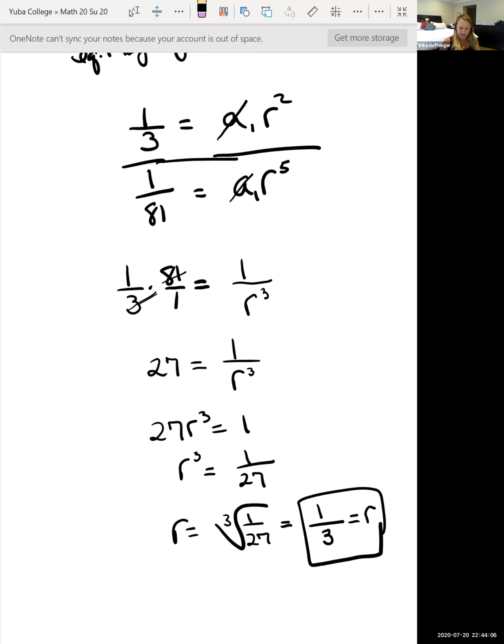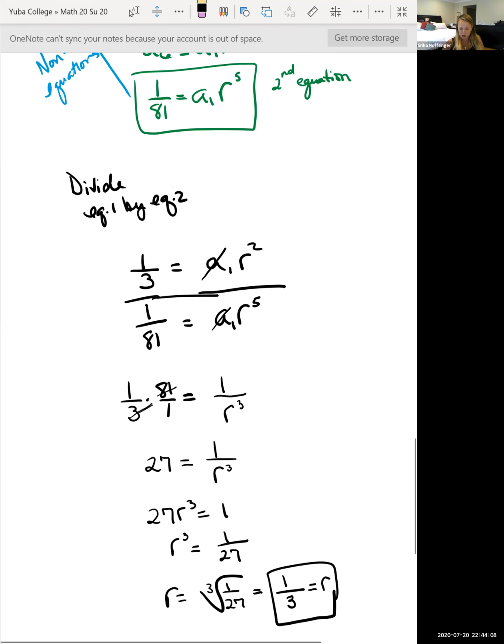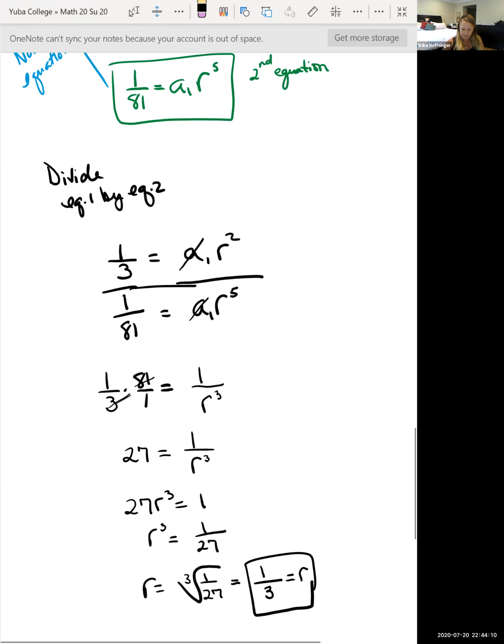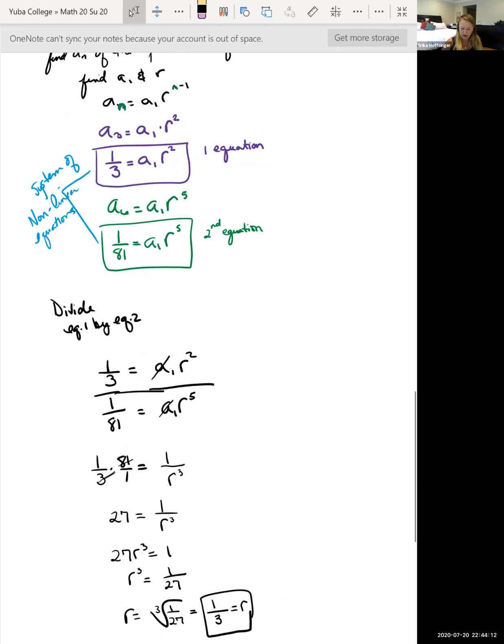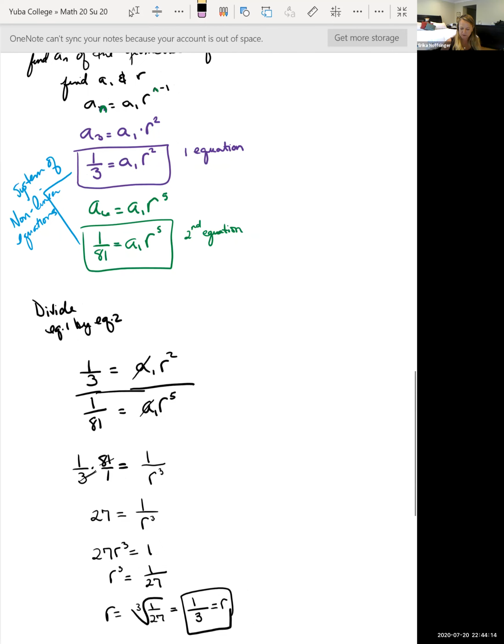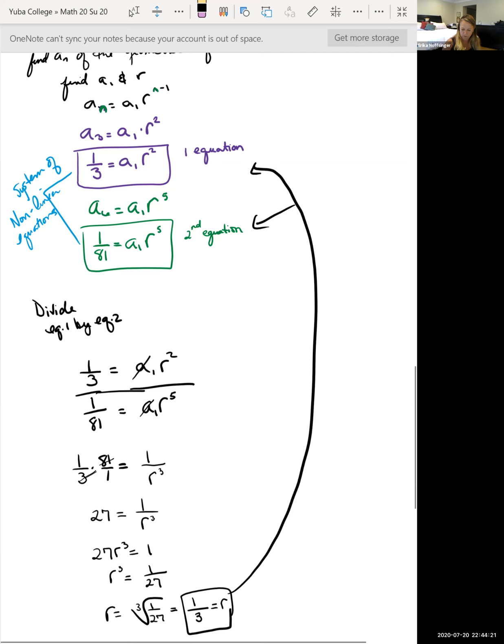If we know what r is, we can figure out what the first term is. So we want to go back and use substitution to figure out our first term, a sub 1. It looks like that first equation might be easier.